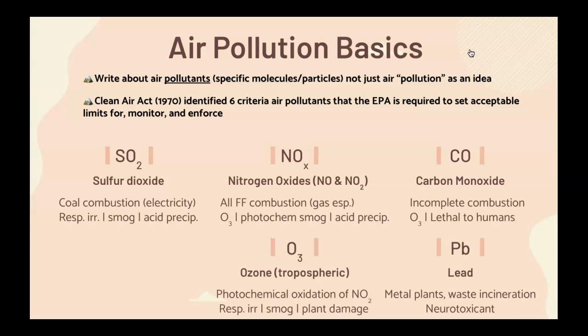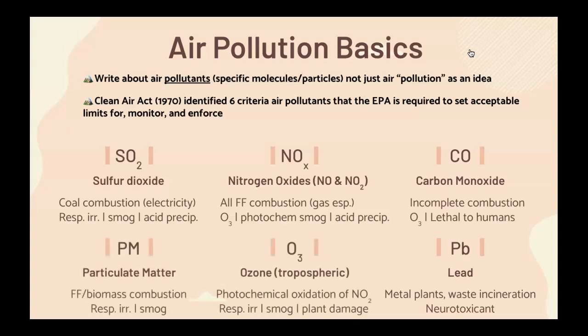O3 is tropospheric ozone. Now, remember that ozone in the stratosphere is a good thing, but ozone in the troposphere is not. And so, tropospheric ozone leads to the photochemical oxidation of nitrogen dioxide, and then that leads to the formation of photochemical smog, which can damage the photosynthetic capabilities of plants, and it's also considered a respiratory irritant.